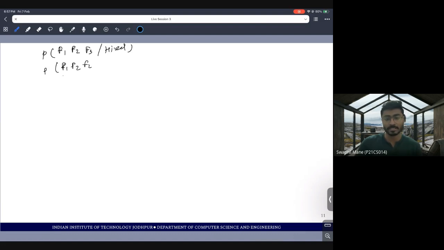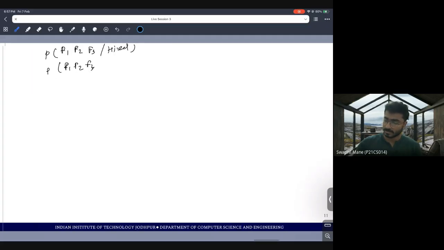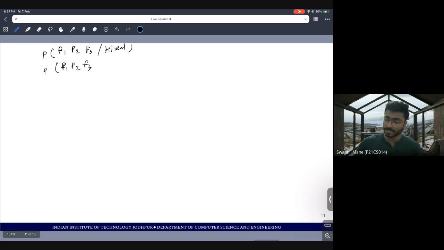These features represent GPA, confidence, and efforts. So the GPA is high, efforts is some, and F3, that is confidence, is S. Given this condition, what is the probability that it is not hired? So we will compare these two probabilities. Which one is the higher? Based on that, we will assign the label for these particular conditions. Are you getting it? Okay.